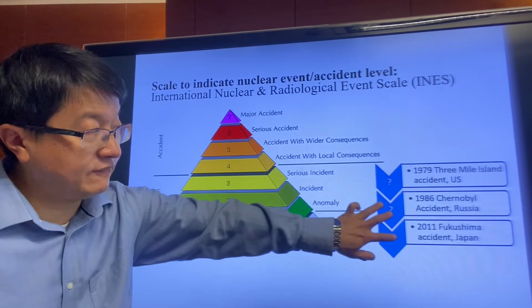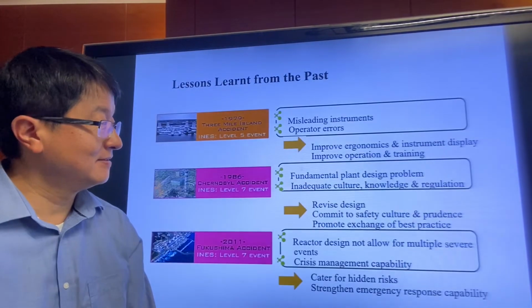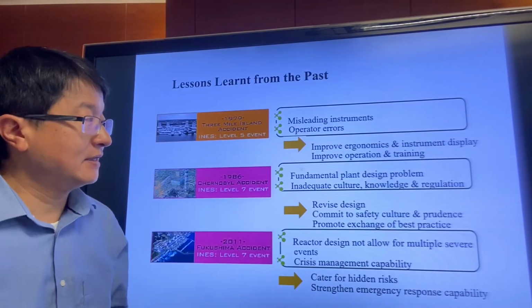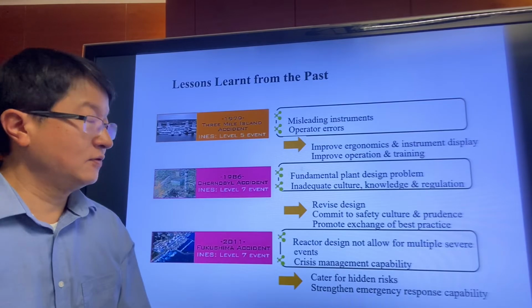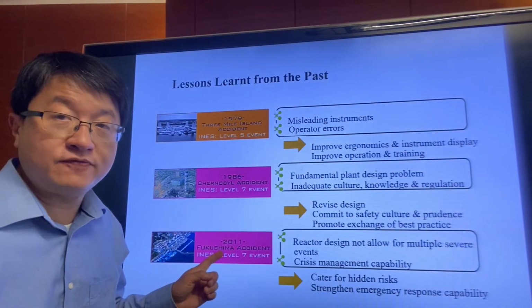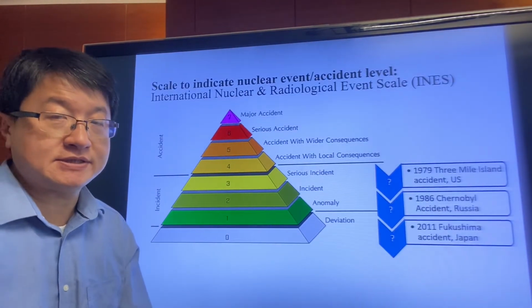So what are those levels? Can you make a guess? Three Mile Island is level 5, and for the other 2, Chernobyl and Fukushima, they are both level 7, which means major accident, very serious.